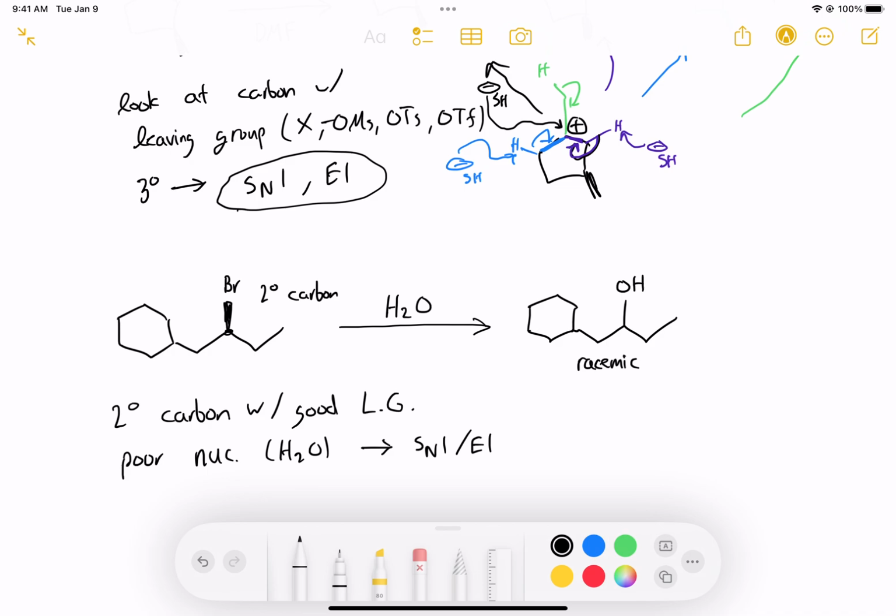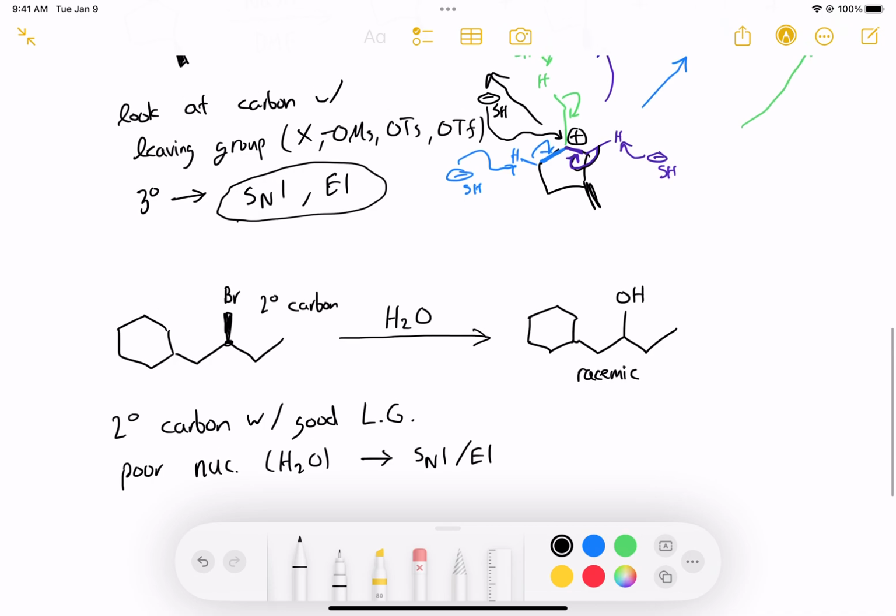Do we get two different E1s? Well, this one's a little better to draw. So then you get the E1 product, right?